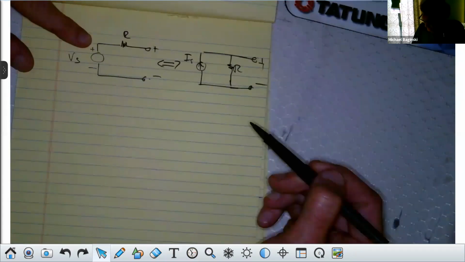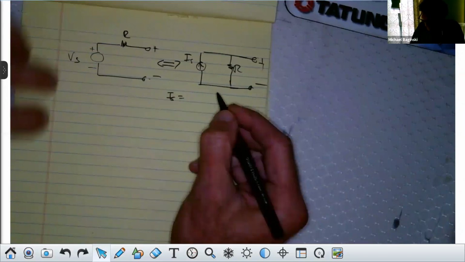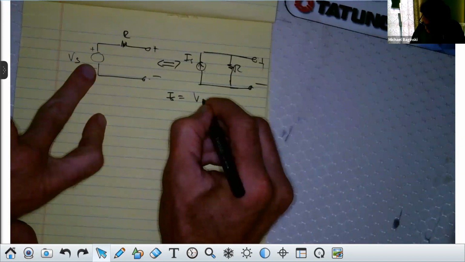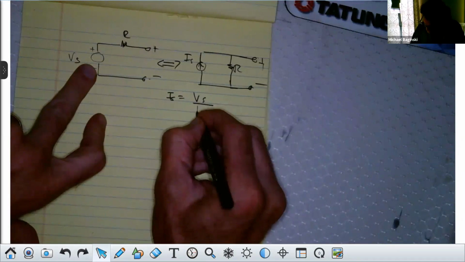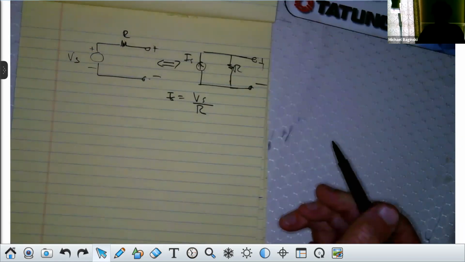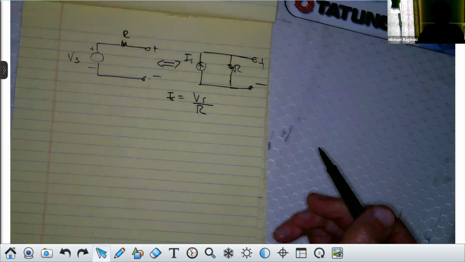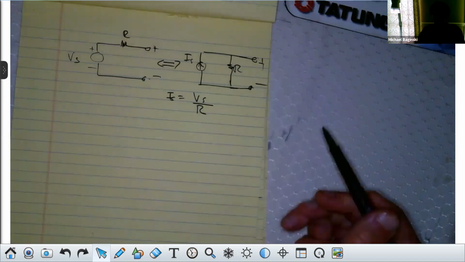But here's the kicker: this value of IS is equal to VS over R. Do y'all follow me now? I'm going to do an example of this. I'm going to prove it, okay? I'm saying that these two are identical, and we can use this.